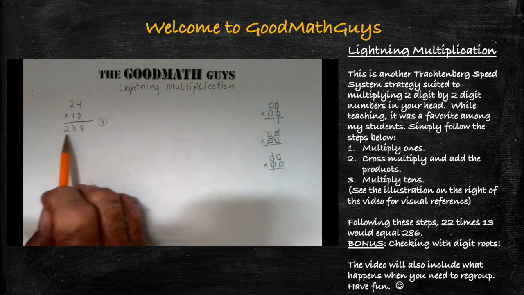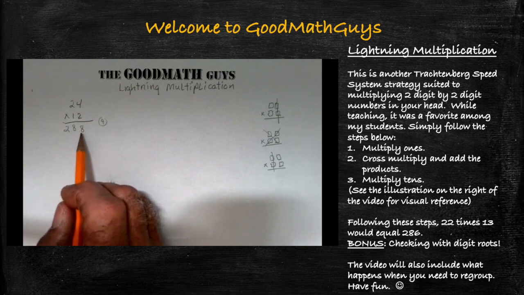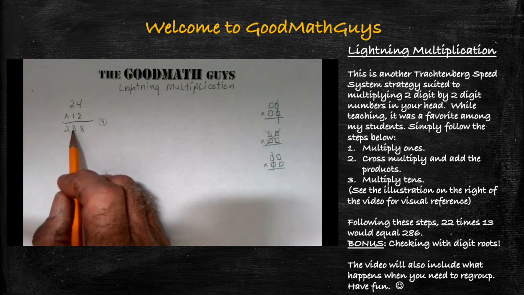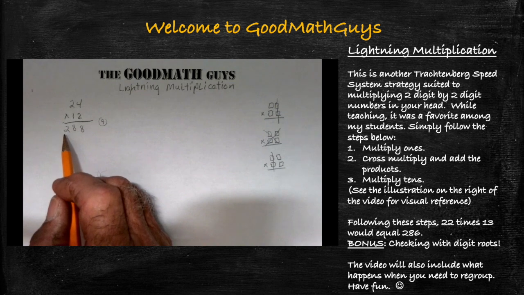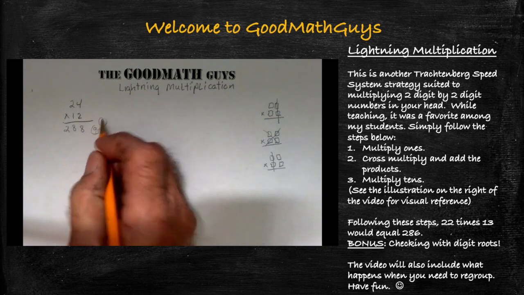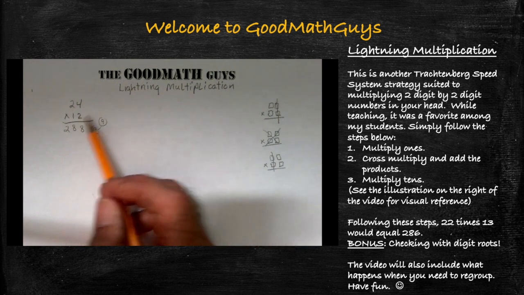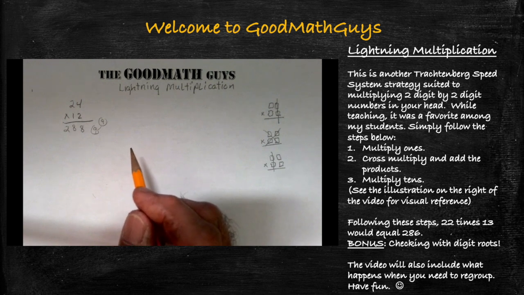If the digit root of 288 is a 9, we can consider that we didn't make any mistakes in the multiplication. 8 and 8 is 16, plus 2 is 18. 18 is not a digit. 1 plus 8 is 9. And sure enough, because those 2 9s match, we can consider that 288 is a correct answer for 24 times 12. Let's take a look at another problem.